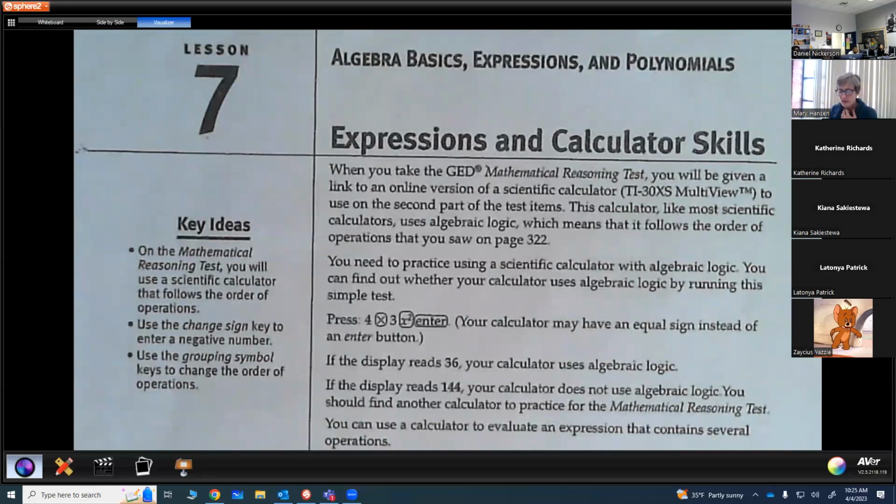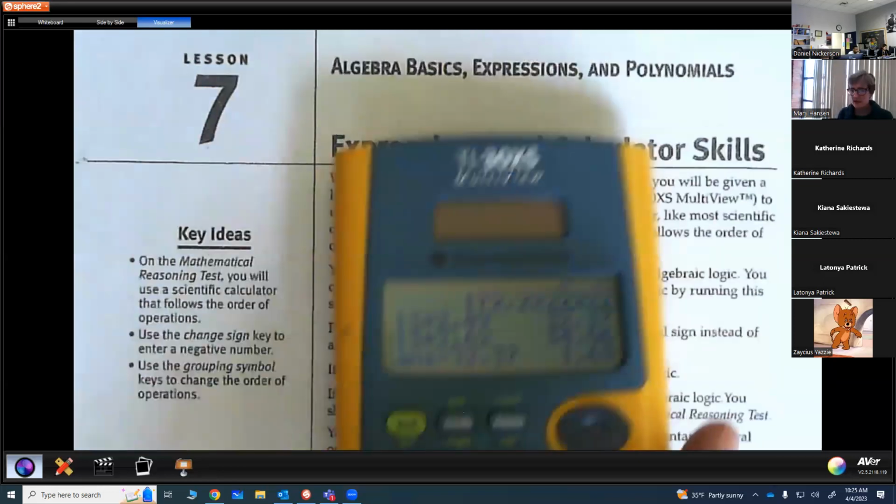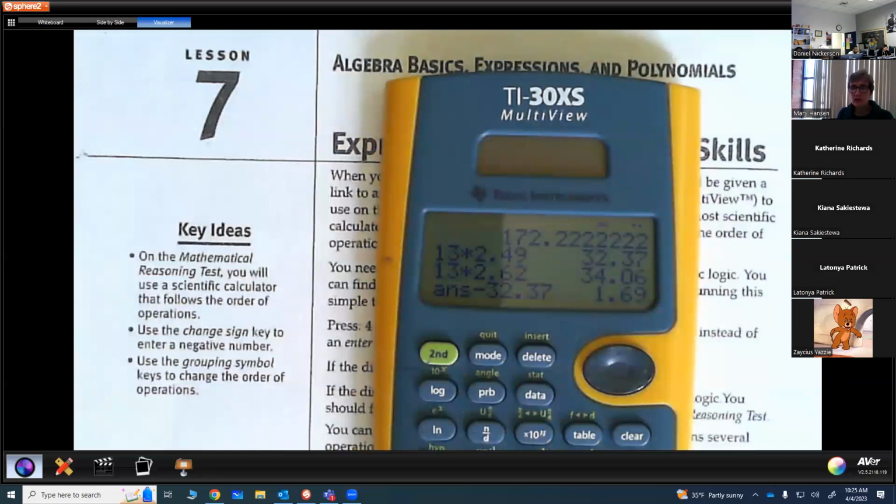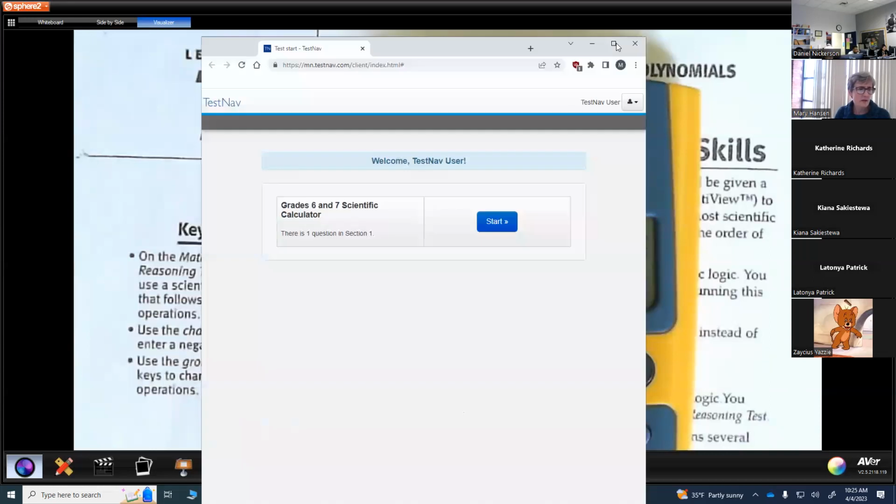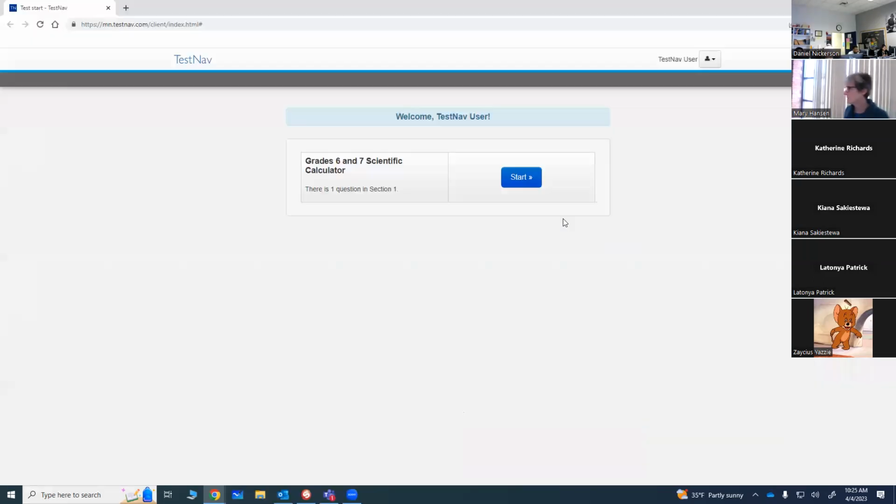Okay, if you don't have a calculator like the one I have, the TI-30XS, please click on the link that I put in the chat. When you do that, you'll go to this screen.